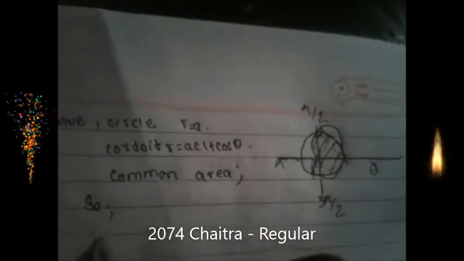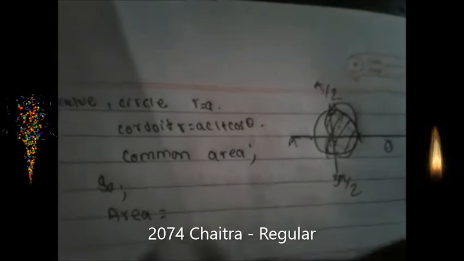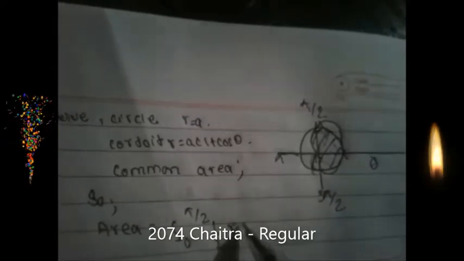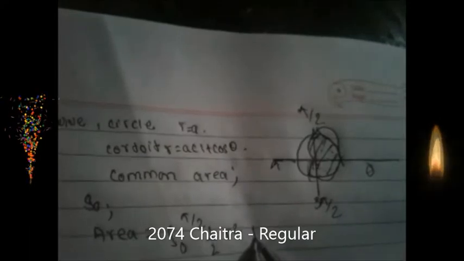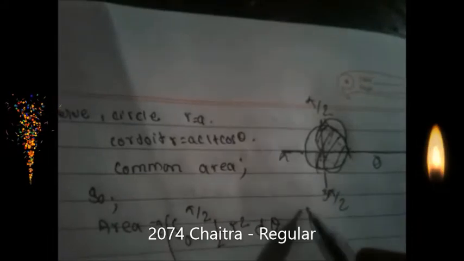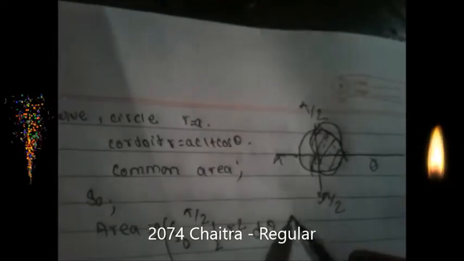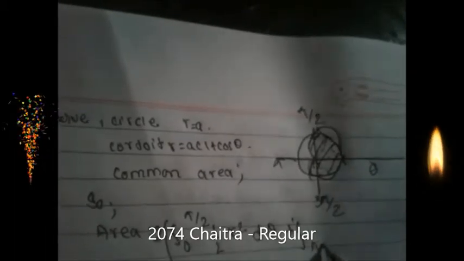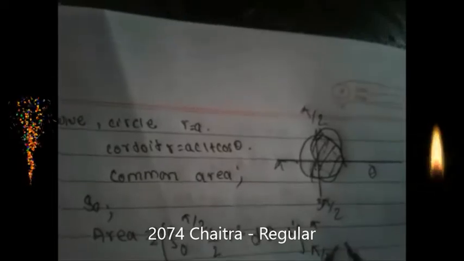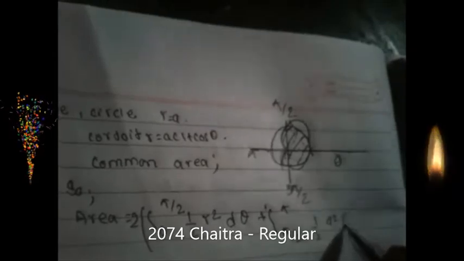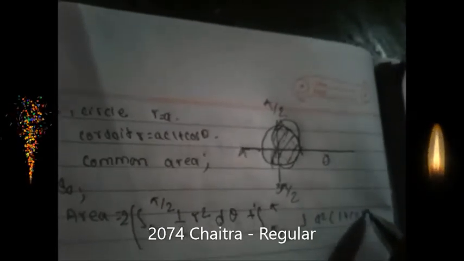So area is equal to, from 0 to pi by 2 for the circle, 1 by 2 r square d theta, and we multiply by 2 for both, plus for the cardioid from pi by 2 to pi, 1 upon 2 a square (1 plus cos theta) squared.